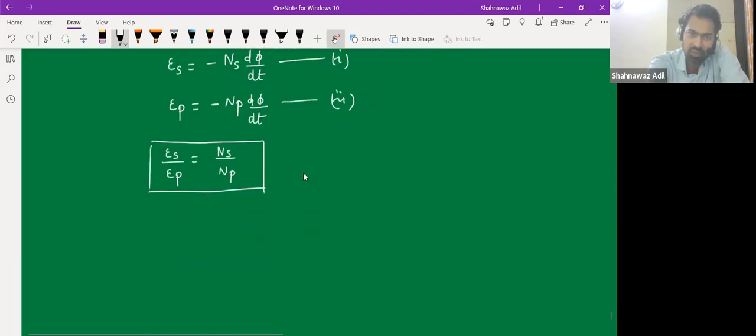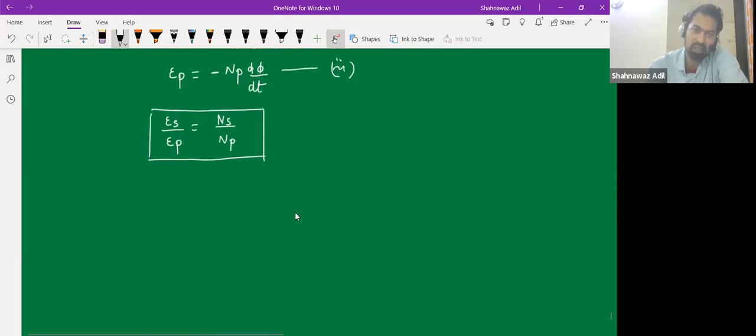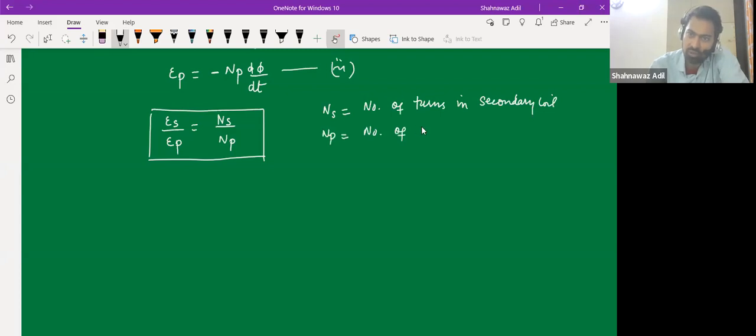Okay, so this is the condition we got, where NS is the number of turns in the secondary coil, and NP is the number of turns in the primary coil.